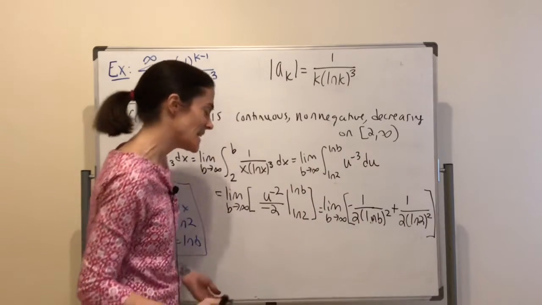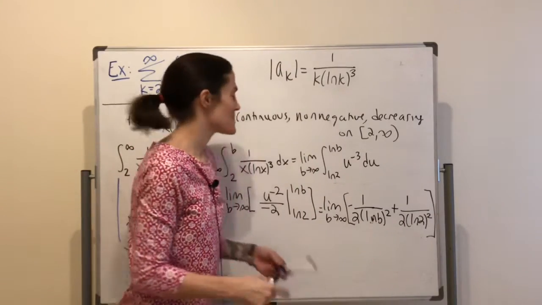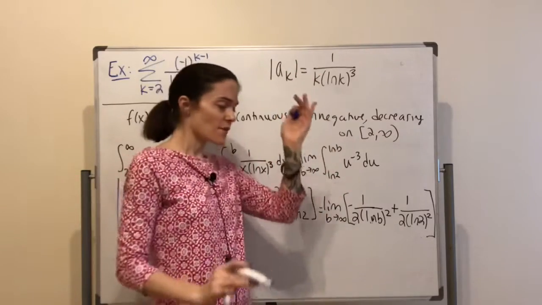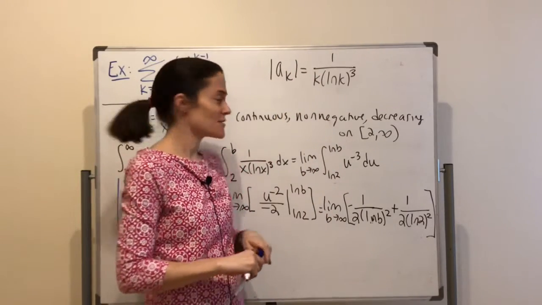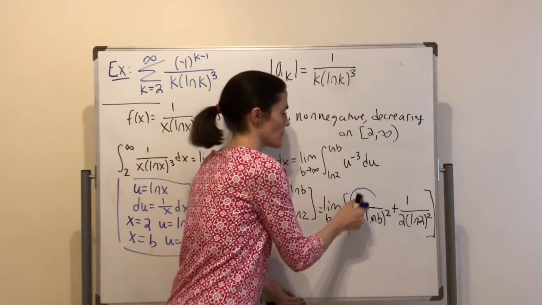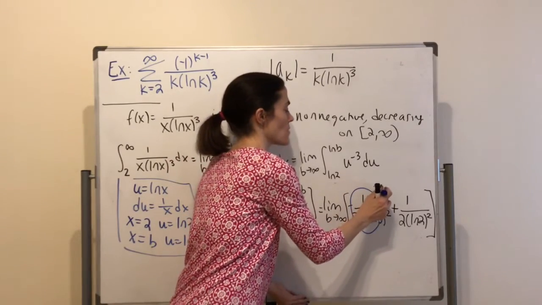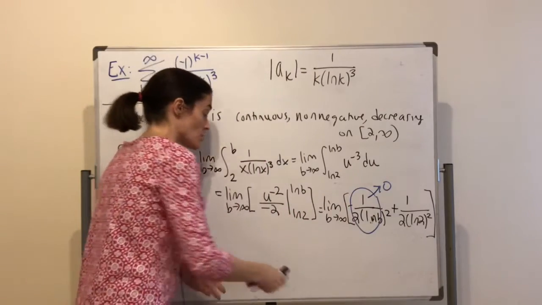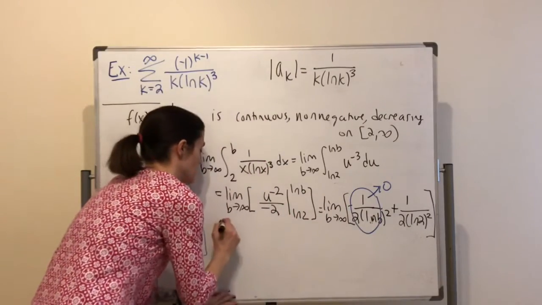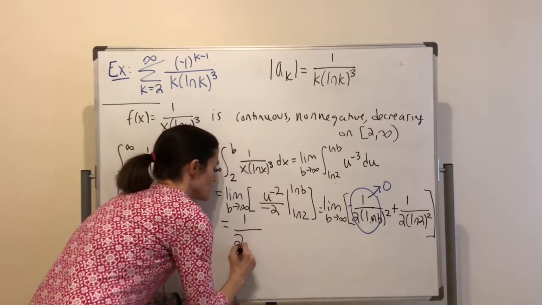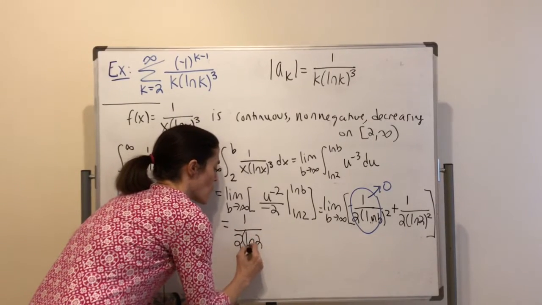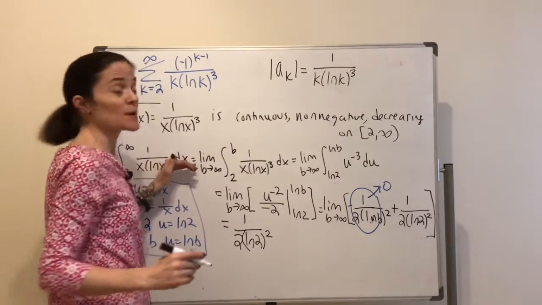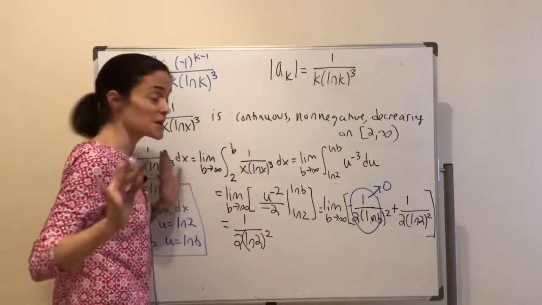Finally, we evaluate the limit. Natural log grows without bound, 1 over it will go to 0. This term goes to 0. This term has no b. So this limit is 1 over 2 (ln 2) squared, which says that my improper integral converges. I got a number.